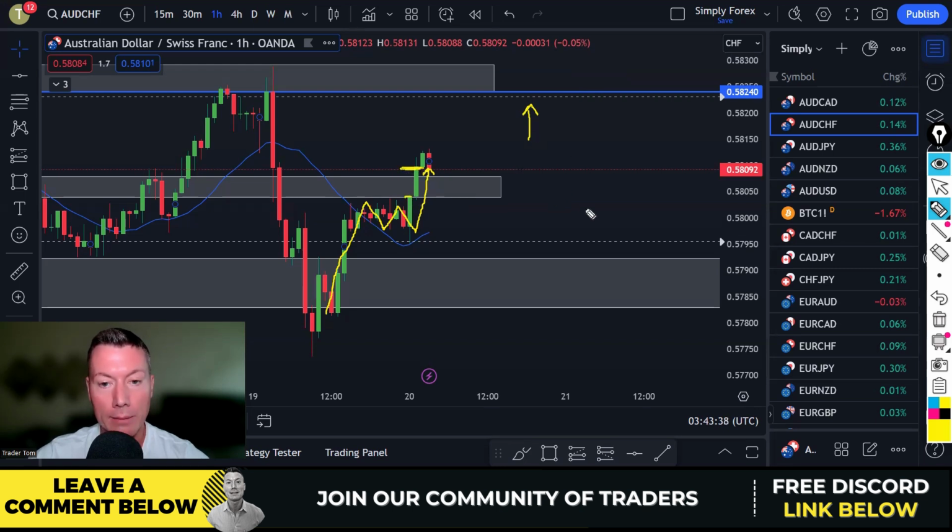We're in an H1 uptrend. We've broken a high. We broke this high here. We are above the moving average 20, and we've had a nice bullish candle.